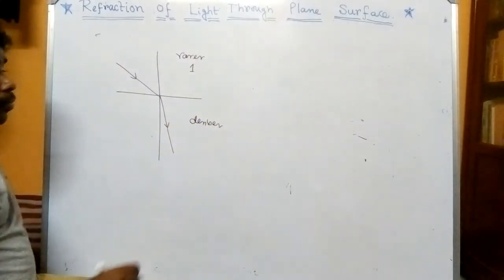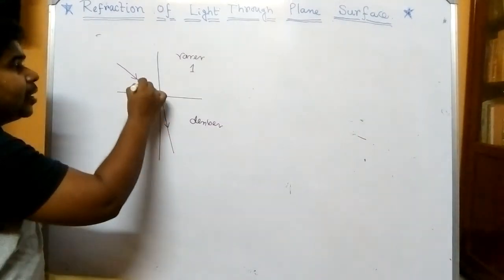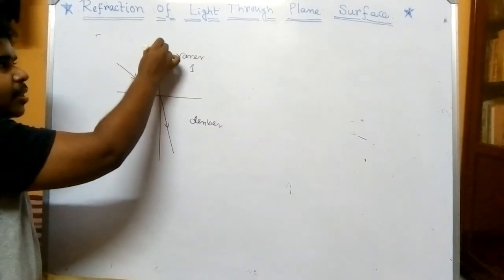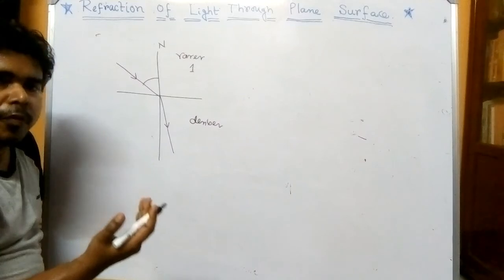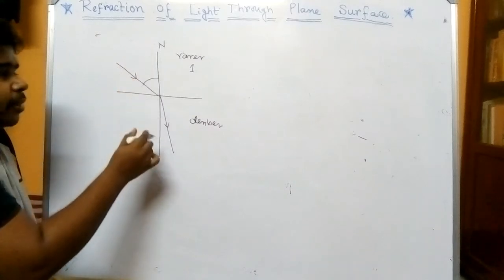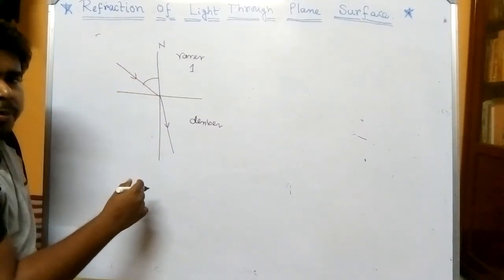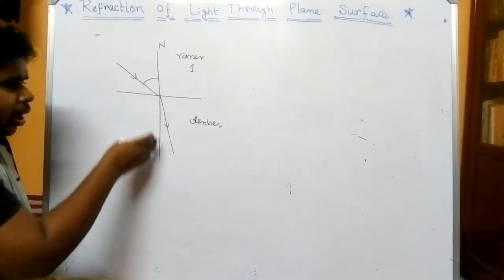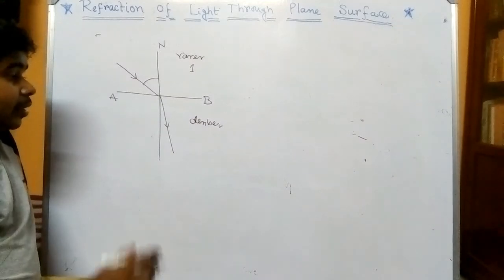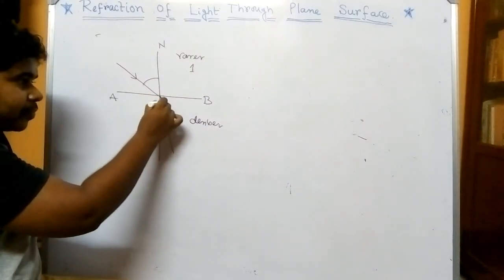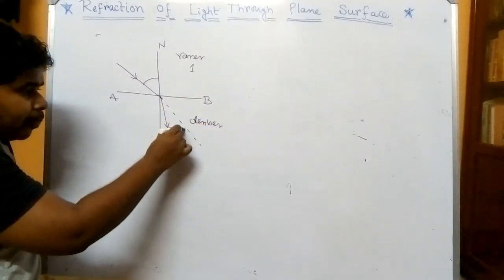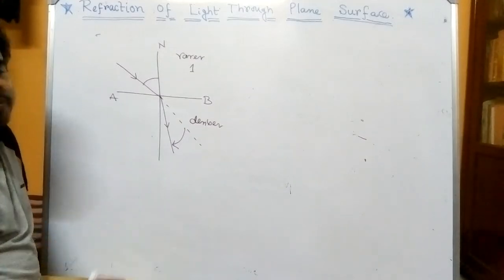We have seen that the light ray bends towards the normal. For reflection the normal is only on the upper side, but here as the ray comes to the second medium, we have taken the normal downward also, and there is a separation between the two media. The light ray would go in this path if there were no second medium, but it bends towards the normal.